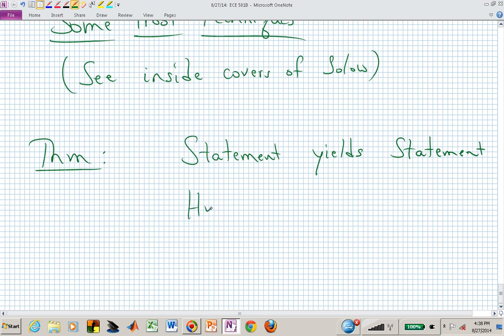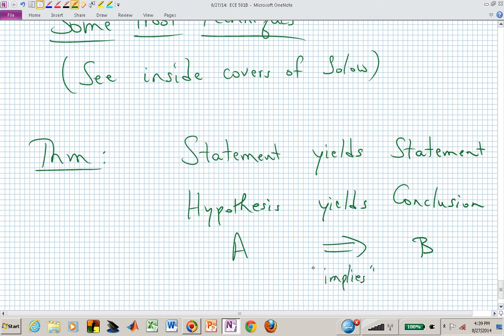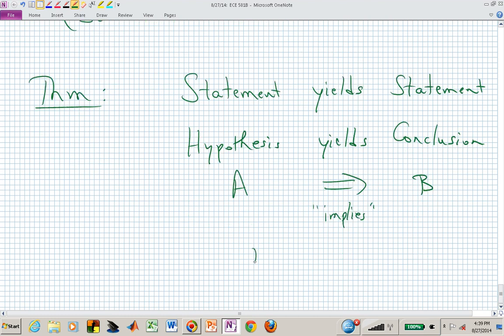Or you could say we start with some hypothesis, and that yields a conclusion. Or we might just abbreviate that and say A implies B, or if A, then B.